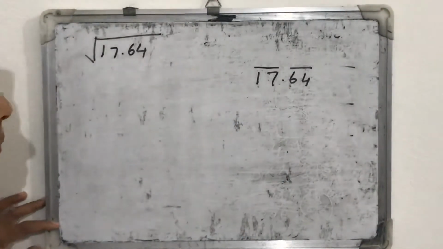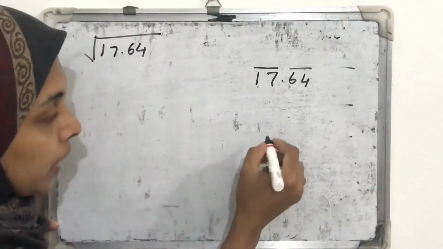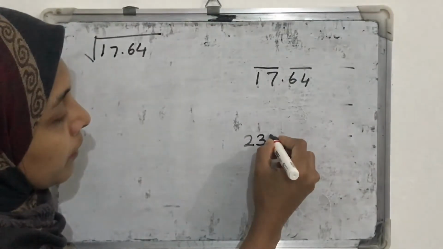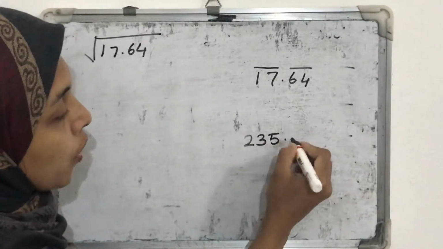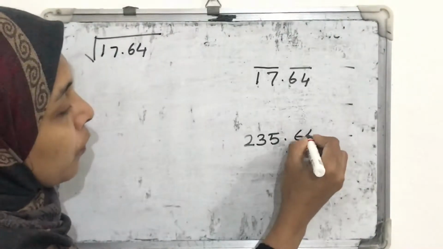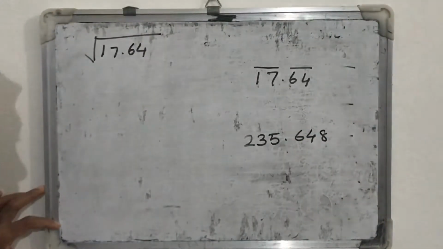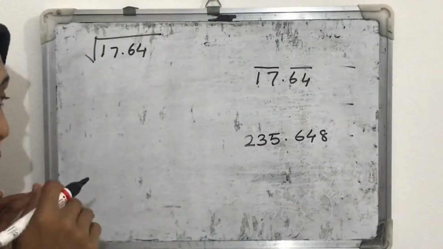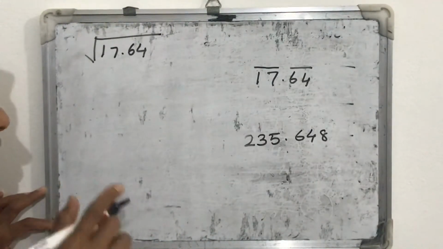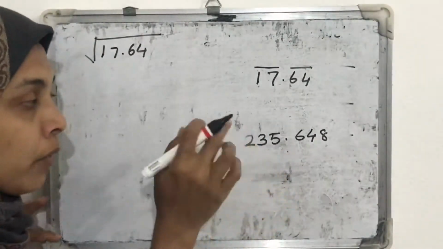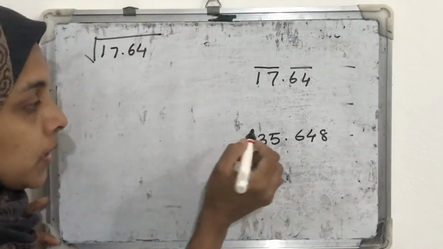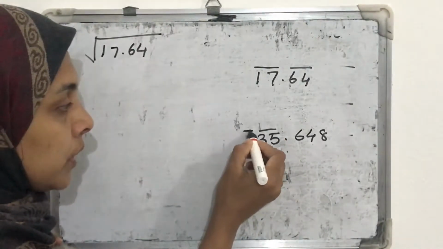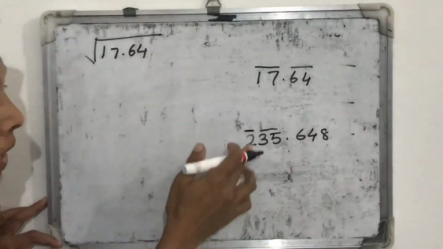Suppose another, bigger number: 235.648. How do we place bars to find its square root? Listen here. First we take the integral part. For the integral part it is as normal, starting from the 1's place and 10's place, and for the last, if only 1 digit remains, place a bar over that 1 digit.